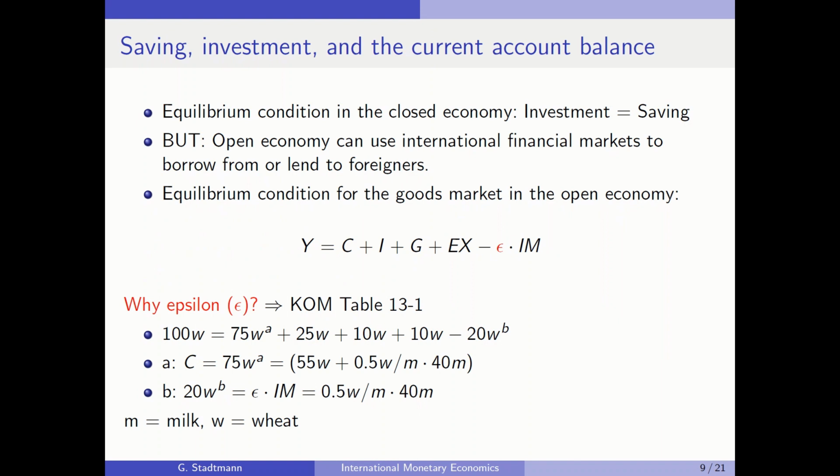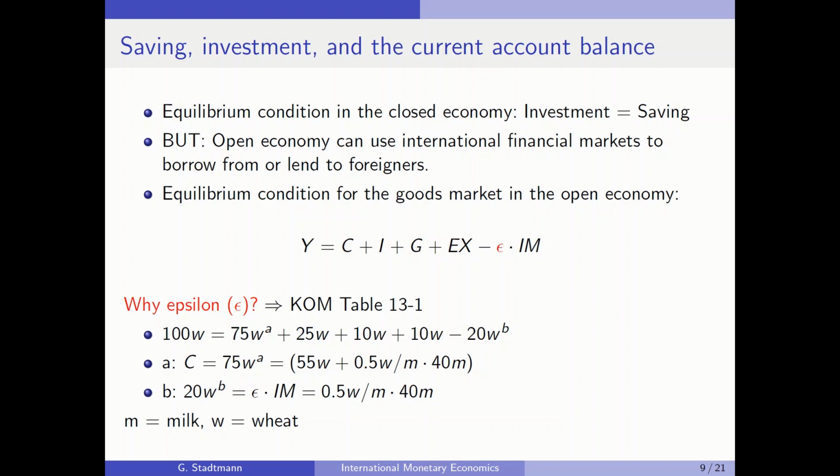One possibility to quote the equilibrium condition for the goods market in the closed economy was that investment is equal to saving. But an open economy can use the international financial markets to borrow or lend to foreigners.